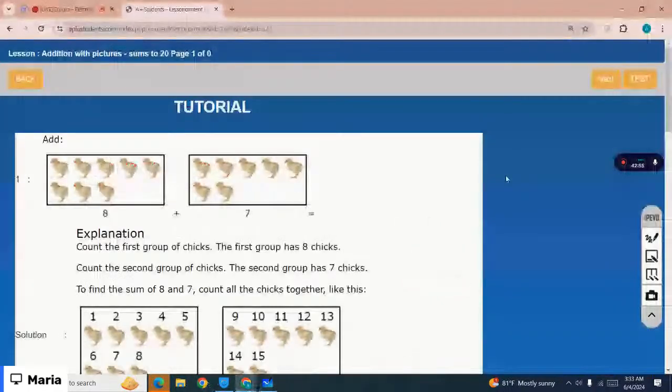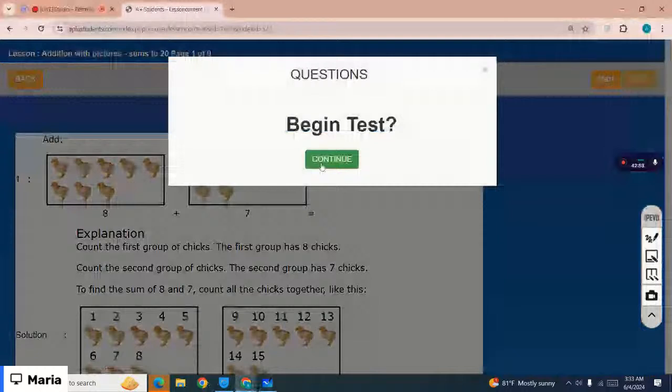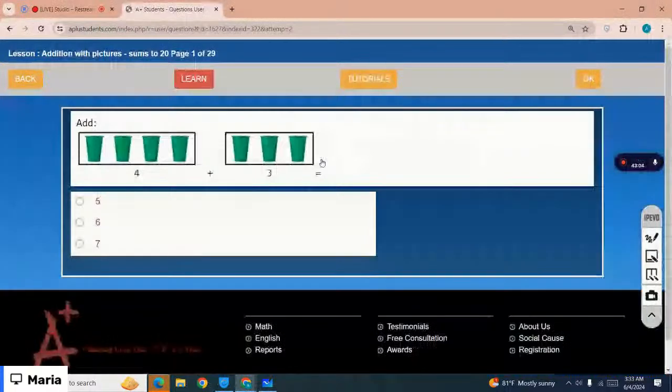Let's just start with the test questions. Basically, you are given the things in two groups. You need to count them together. Okay, add 4 plus 3, which is the correct option?